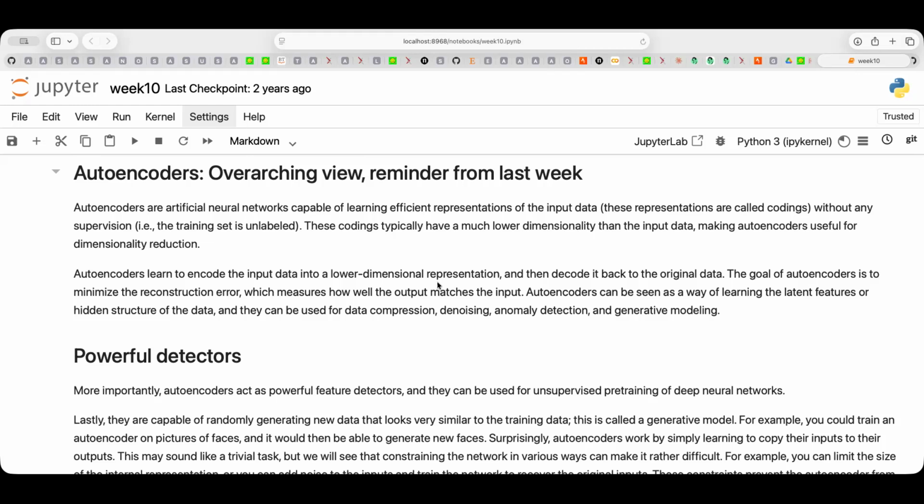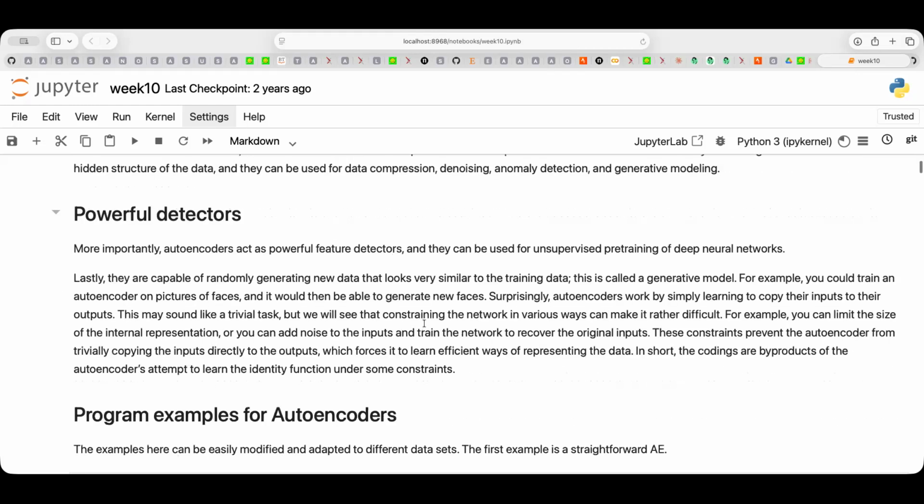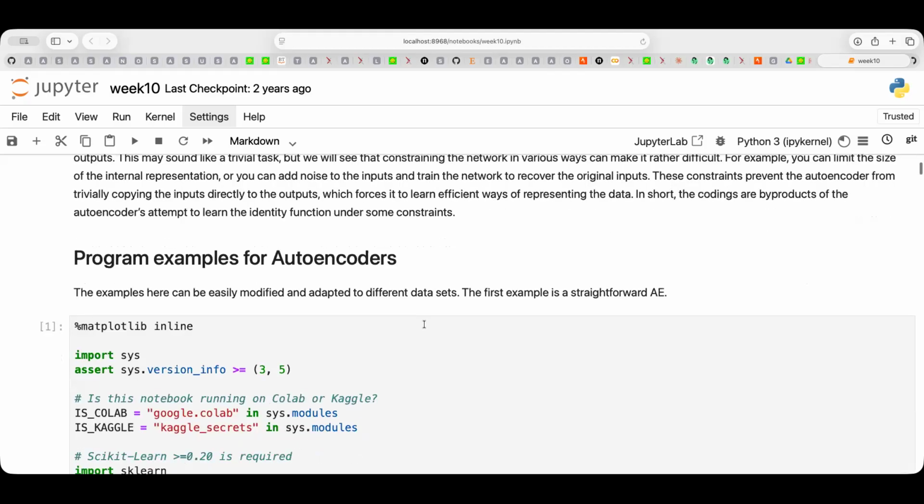The autoencoder then has, as we said, an encoder part and a decoder part. The encoder part is normally a neural network which gets smaller and smaller in dimensionality, that means the number of nodes. And then the decoder part is symmetric.